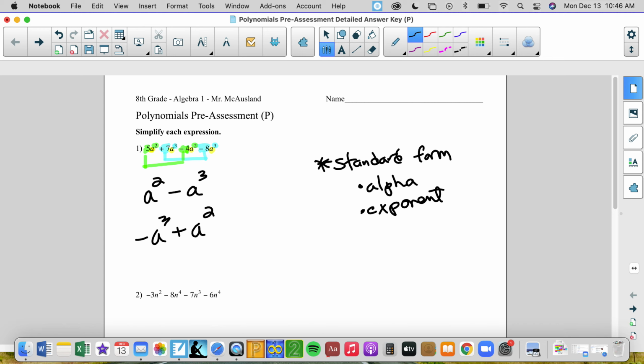Students tend to make a mistake here. They forget to include that negative with the cubed, and remembering that this is positive 1. So when we rewrite it, that has to come and that has to be together. That's a positive. Okay? So just keep that in mind.